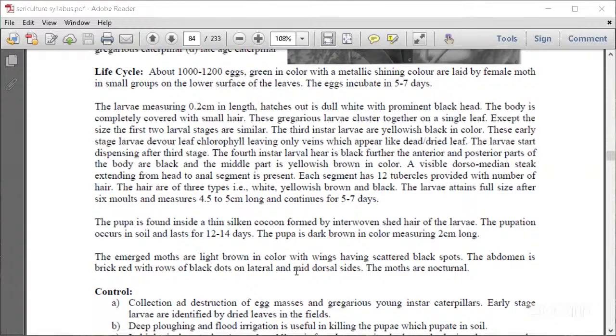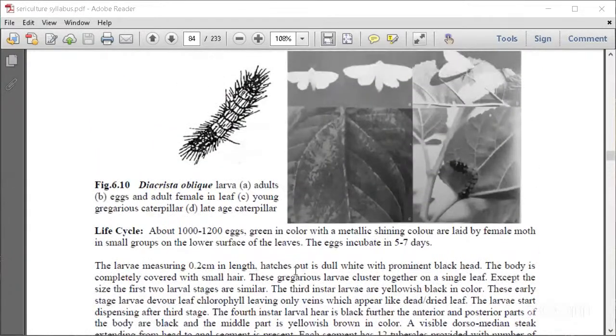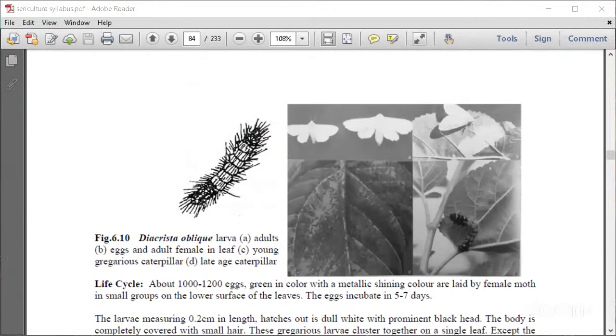Pupation occurs in soil and lasts for 12 to 14 days. The pupa is dark brown in color and measures 2 centimeters long.